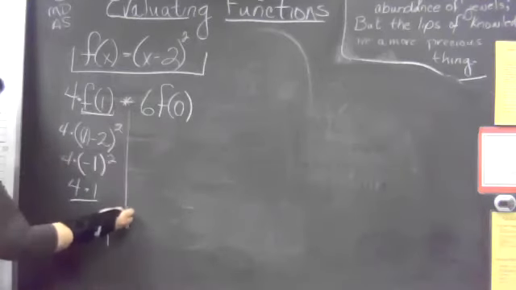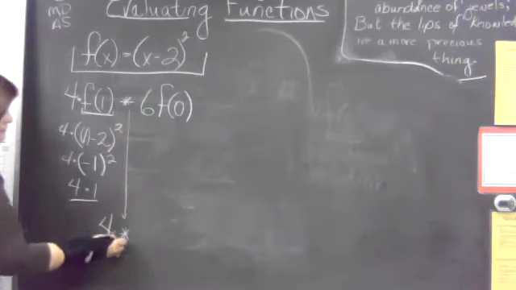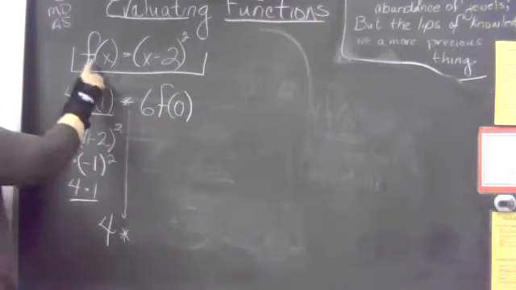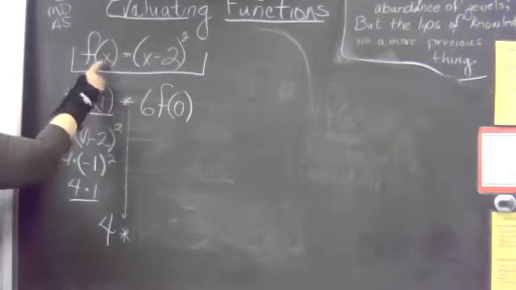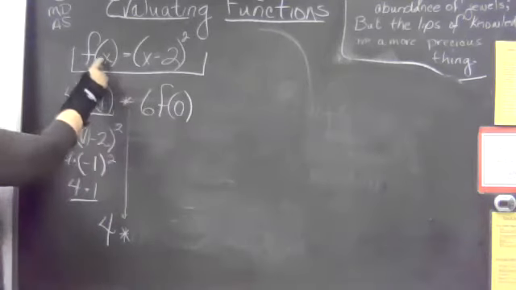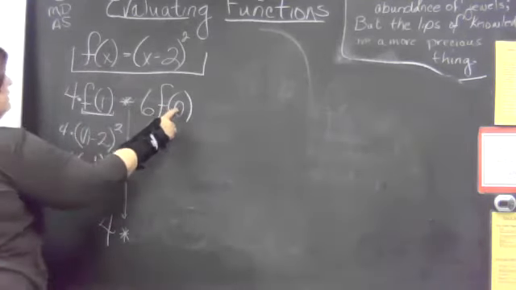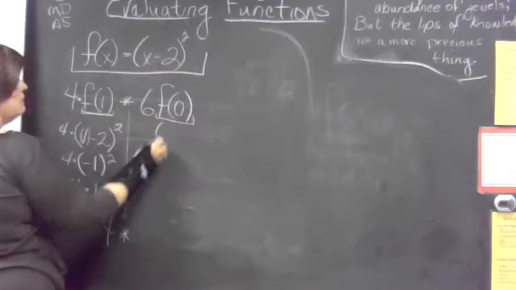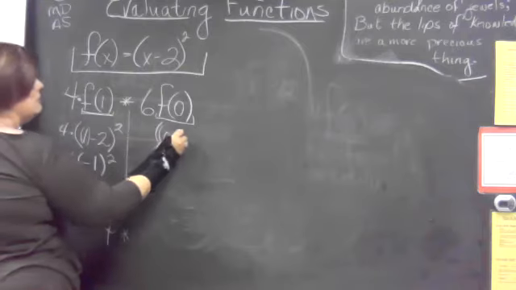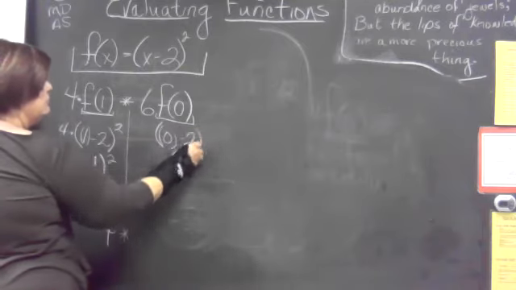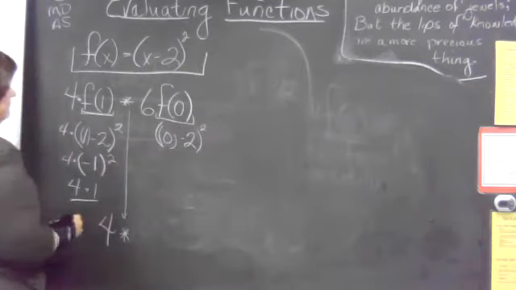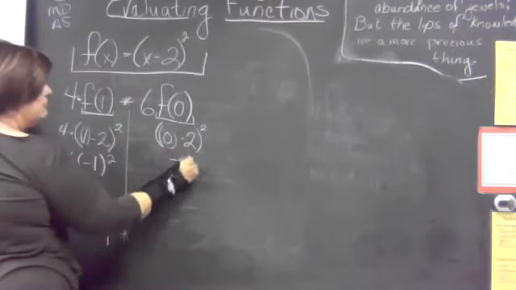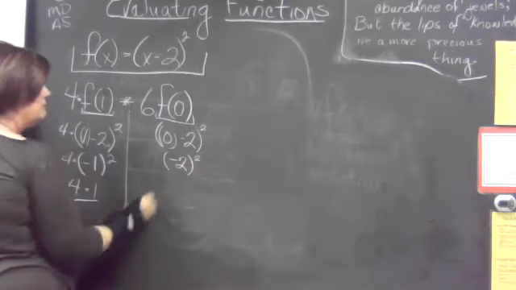And then I bring down my times. And I'm going to do it again for this side. So I want to take the same function, and everywhere there's an x, I'm going to put a 0. Okay? So I'm just doing this part first. So I have 0 minus 2 squared. 0 minus 2 is a negative 2 squared.